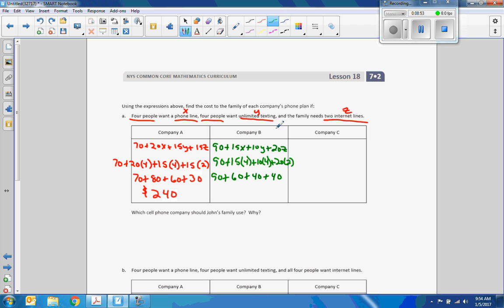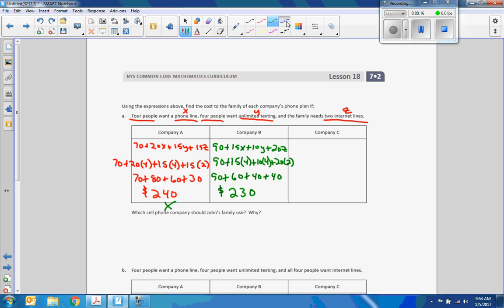So if the family of 4 with these choices chose company B, 90 plus 60 is 150, plus 40 is 190, plus 40 is 230. Okay? So at this point, if I were the one making the decision, company A is out, because I will save $10 if I go with company B.